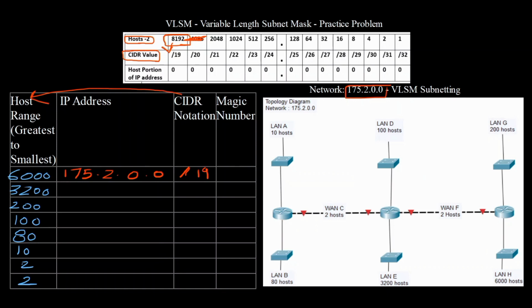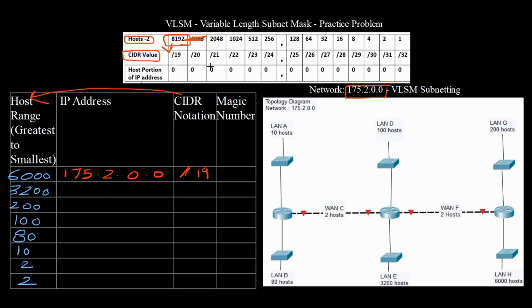Next I want to determine the magic number. The magic number is the number we are going to add to find the next IP address.